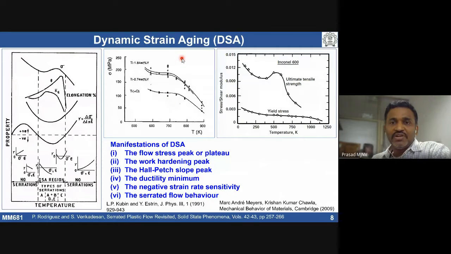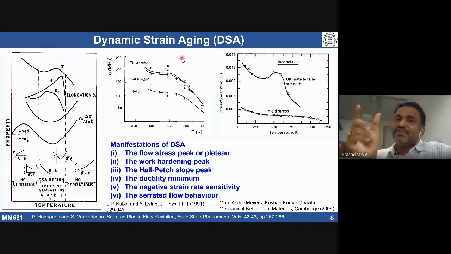Assume that. Now, if I deform the material at 1 per second, that means I brought down the time available. But if I want to see interaction, I have to increase the temperature. That's where your temperature window shifts towards the right. If I lower the strain rate, that means you're giving enough time. Even at low temperatures, we do see enough diffusional activity.